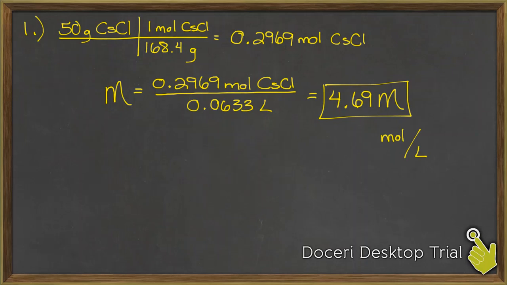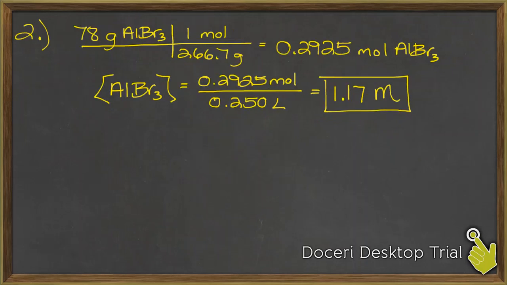All right, let's look at your answer for number 2, which I didn't quite finish because I want to talk you through it. I did the same process, changed the grams to moles, and then divided by liters. I want to call your attention to this line right here where you see brackets around the compound aluminum bromide. Anytime you see brackets around something, an element, a compound, an ion, it means the molarity of whatever's inside.